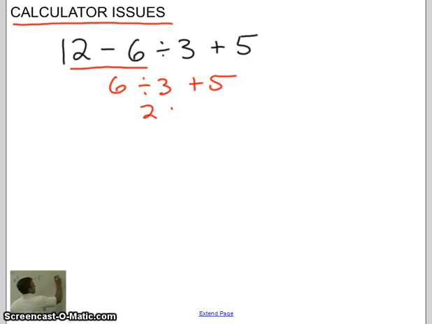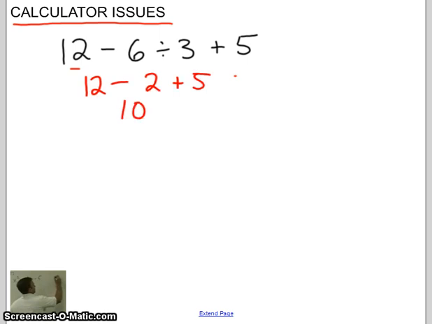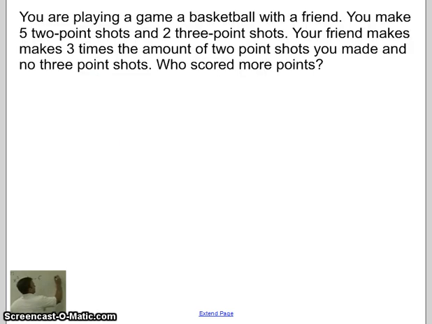Which is 2 plus 5, which is 7. But what it should have been is take 12, do 6 divided by 3, which is 2, plus 5. 12 minus 2 plus 5 is 15. It all depends on which operations, what order you go in.